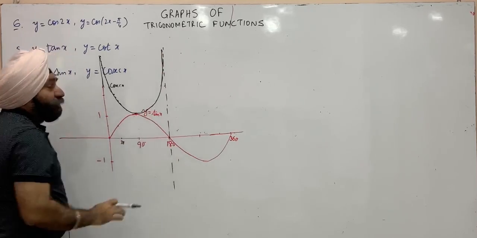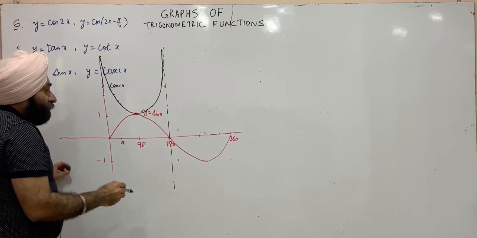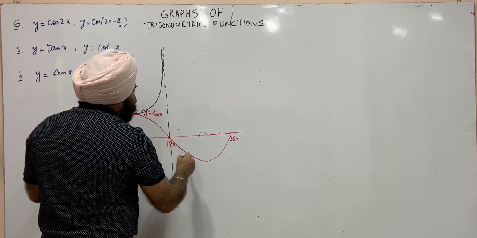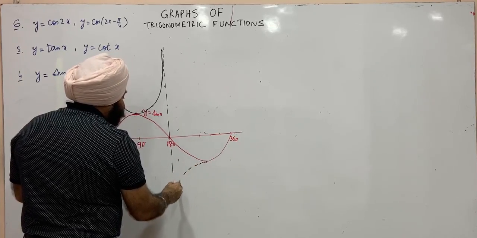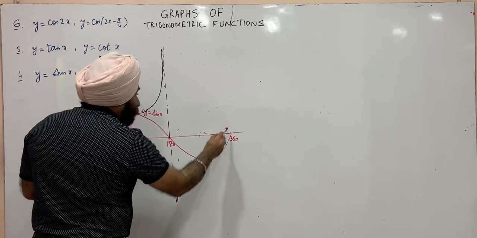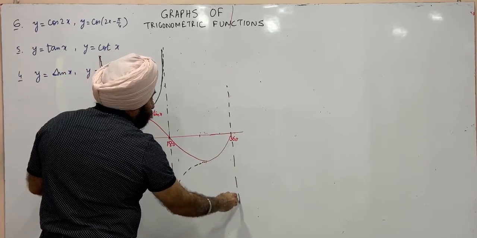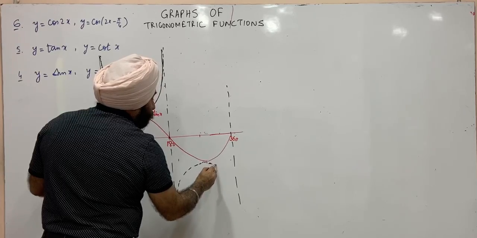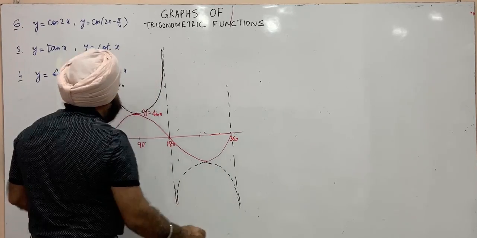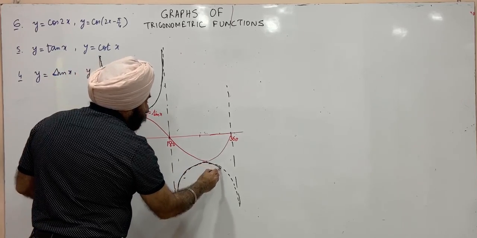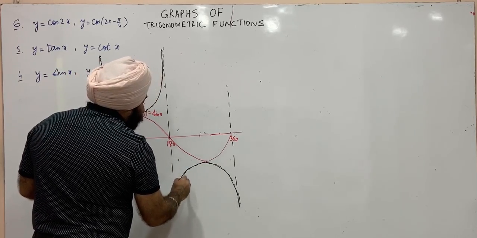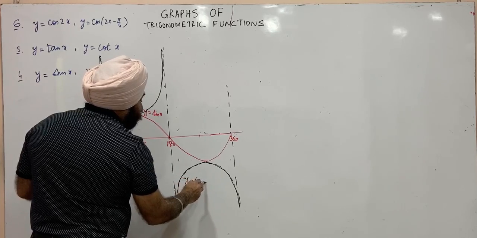These lines do not touch. Similarly, in the third and the fourth quadrants, with the reciprocal, this will be the graph. Sine 360 is 0, 1 by 0 will be infinity. In this case, with the minus sign, minus infinity. This, in black color, is the graph of cosecant of x.